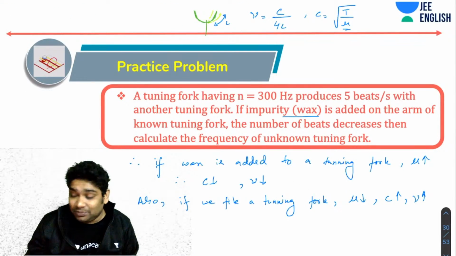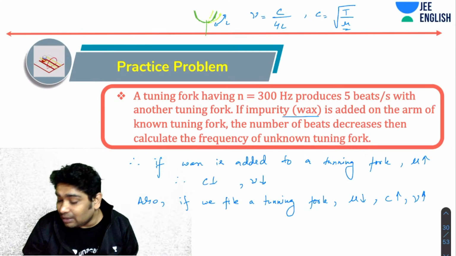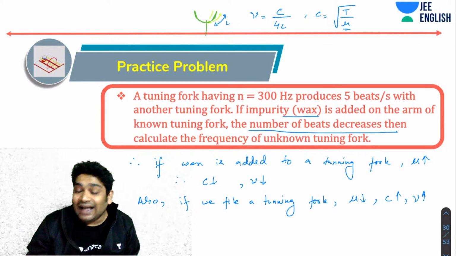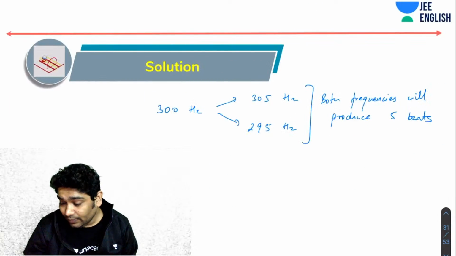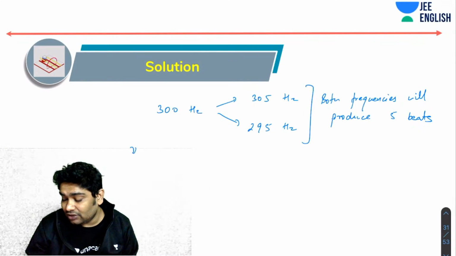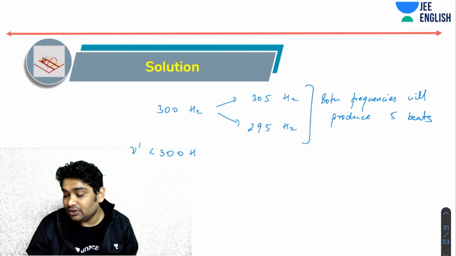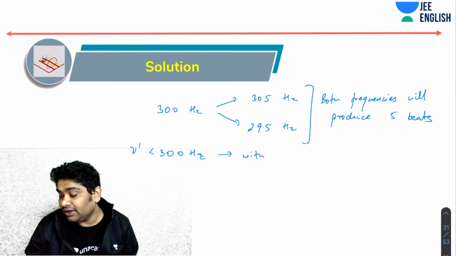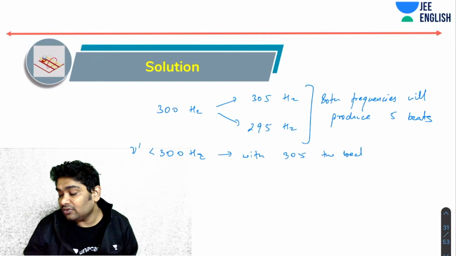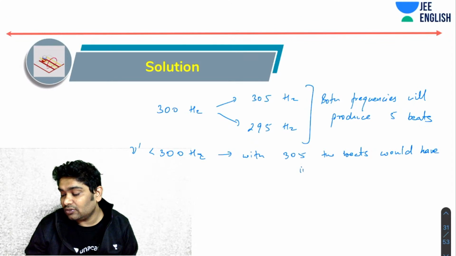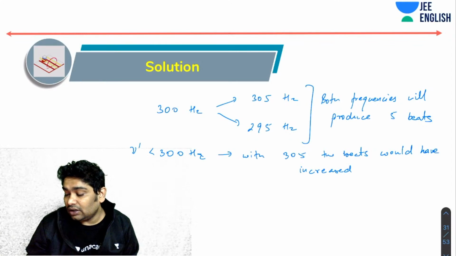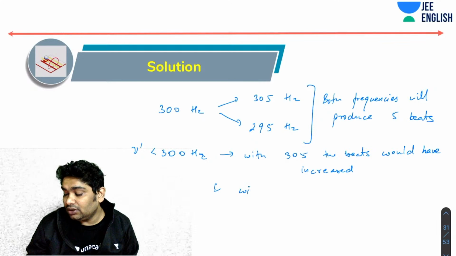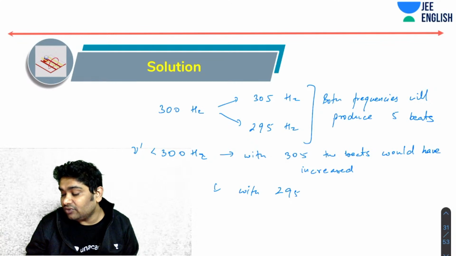Now I look at the next piece of information. The next piece of information says the number of beats decreases when wax is added. So when wax is added, the frequency should have become less than 300 hertz. So with 305, the beats would have increased, and with 295, the beats would have decreased.